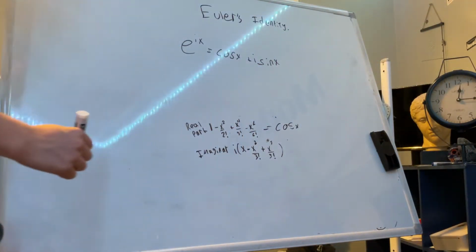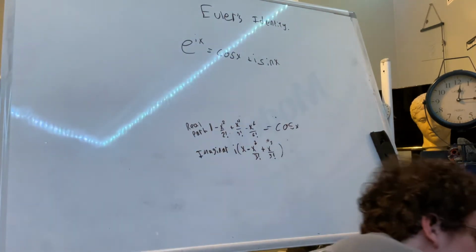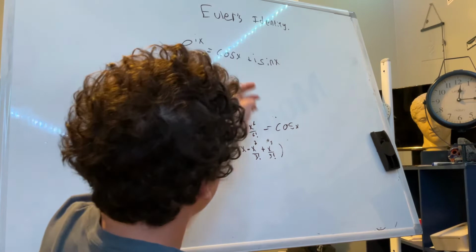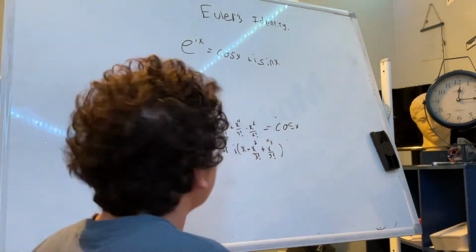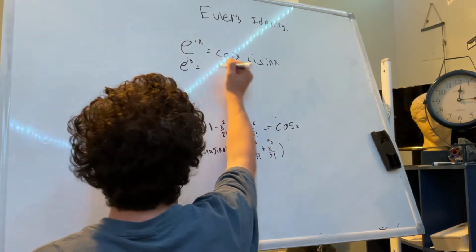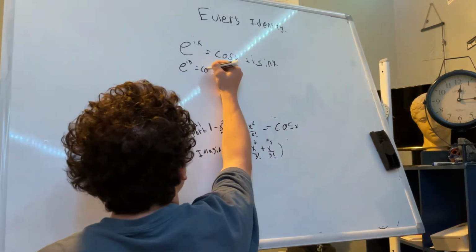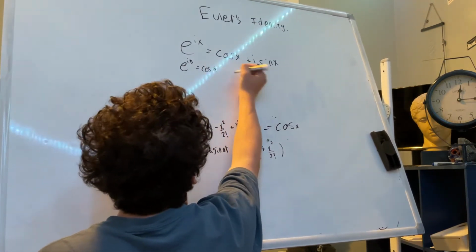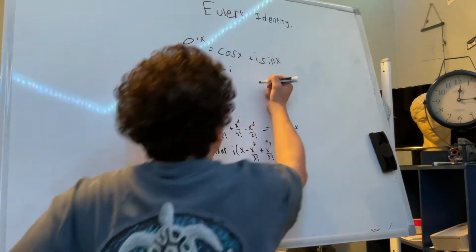And this is where things get interesting. Now, let's plug in, and this is an angle measurement x there. If we plug in pi, e to the i pi is equal to cosine of pi plus i sine pi.